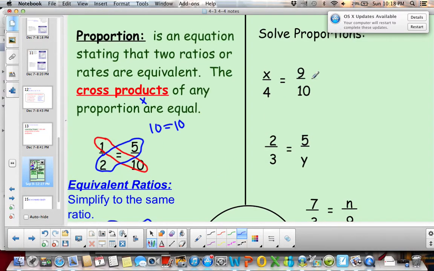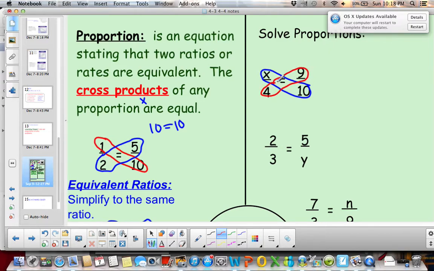So if we need to solve a proportion that includes a variable, which this one includes x, we would take our cross products. So we have x and 10, and then we have 4 and 9.